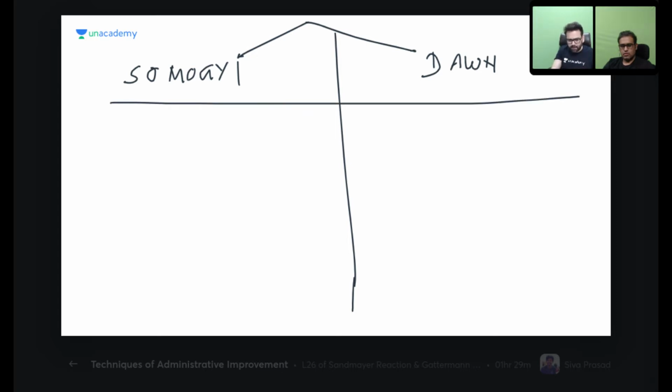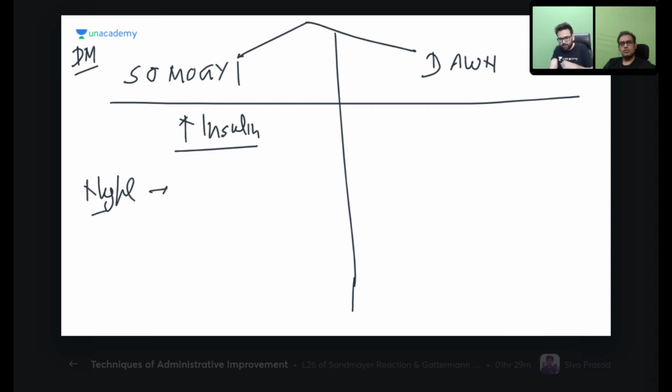To understand that, suppose there are two patients of diabetes mellitus, and suppose that someone is taking more insulin than required. What will happen at night? Hypoglycemia or hyperglycemia? Suppose you have prescribed 20 units and the patient is taking 24 units. So that will cause hyper. Why hyper, Chinu?